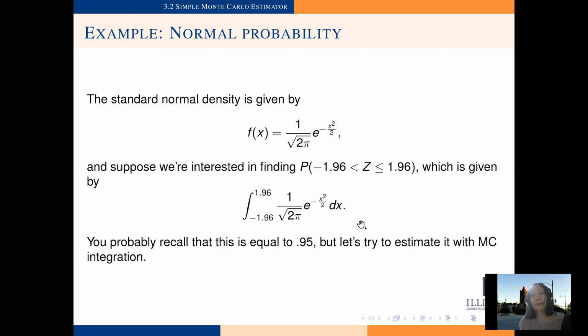You probably remember from your first statistics course that the probability that the standard normal random variable lies between negative and positive 1.96 is approximately equal to 0.95. However, let's try to estimate this quantity here using Monte Carlo integration.